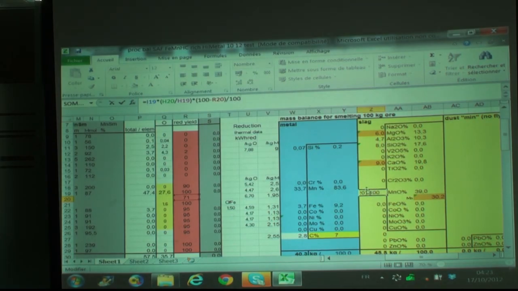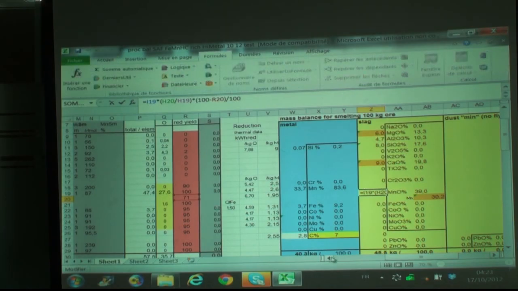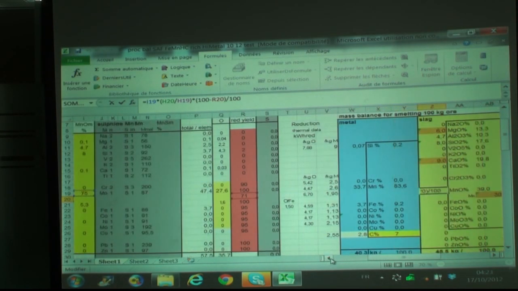Okay. Now there is one important cell, which is the cell for manganese in the slag. The manganese is 75%, but 75% is MnO2.